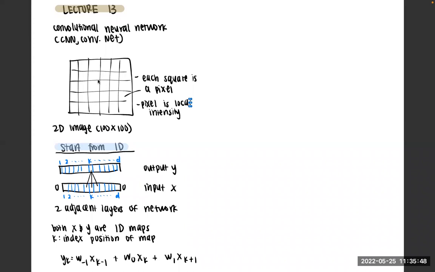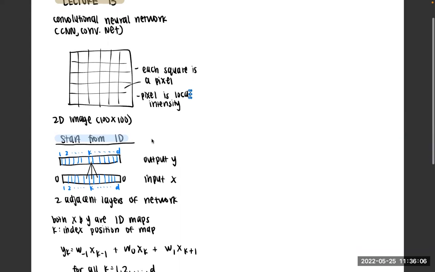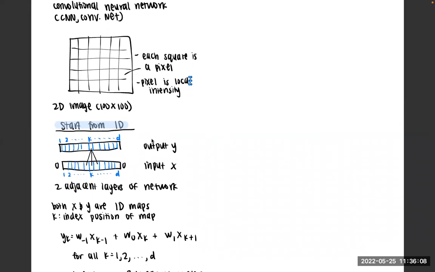It is like we are doing a sliding window and performing the same operation within each window. So a 2D image is a two-dimensional map, for example, 100 by 100. Later, we will come back to this 2D situation.